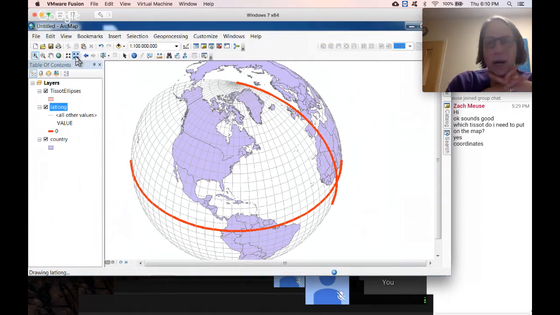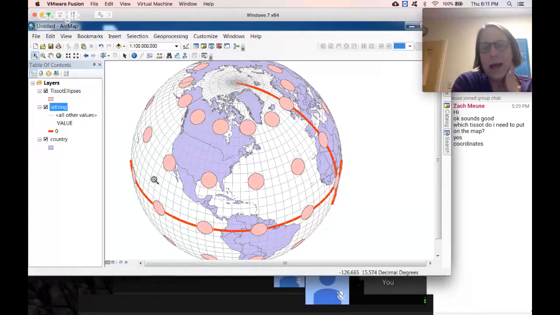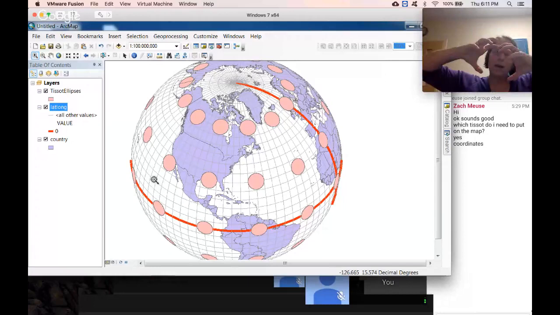And eventually, I'm not going to touch any of the buttons, and eventually the Tissot indicatrix ellipses will draw as well. So here we can see those two special lines. So the equator is our x-axis, just like on a Cartesian grid, and the prime meridian is our y-axis, only we've wrapped them around the globe.